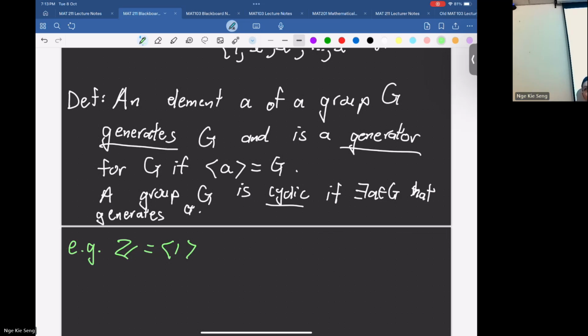How about 0? By definition it is in there already. And how about the negative integers? These are the inverses of all the natural numbers. So you get the whole integers just by 1. This is the first cyclic group you see.